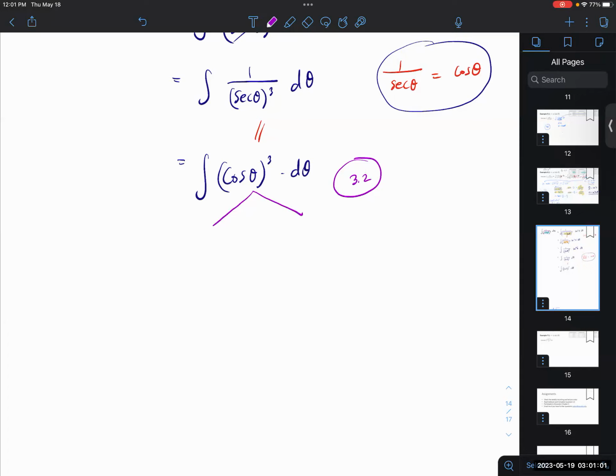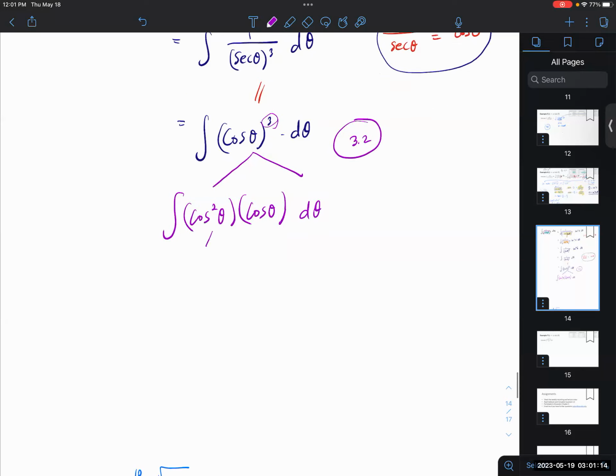You're going to separate it: cosine squared theta and cosine theta, so this is a 3. You can break them into 2 and 1, and d theta. Now cosine squared theta is the same as 1 minus sine squared theta, and then you have cosine theta d theta.